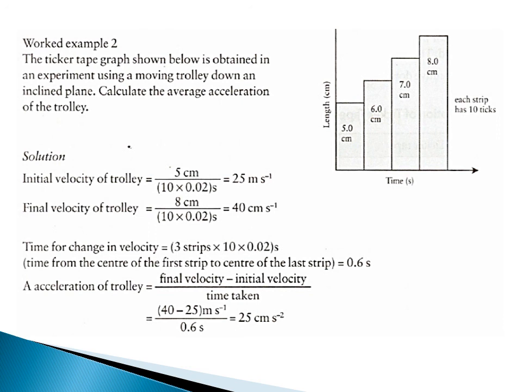So the acceleration of the trolley is final velocity minus initial velocity over time taken. So the answer is 40 minus 20 centimeter per second over 0.6 second. So the answer is 25 centimeter per second squared.